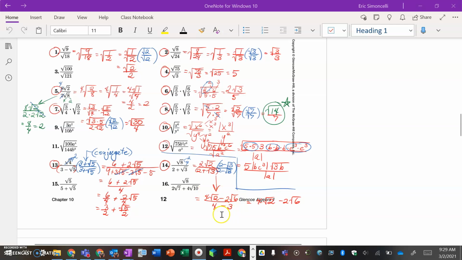Almost done. 4 minus 3 is nice, of course. That's rational. You can write 1 if you'd like, but you don't have to. So then the final answer is just what you see in the numerator, 4 root 2 minus 2 root 6.